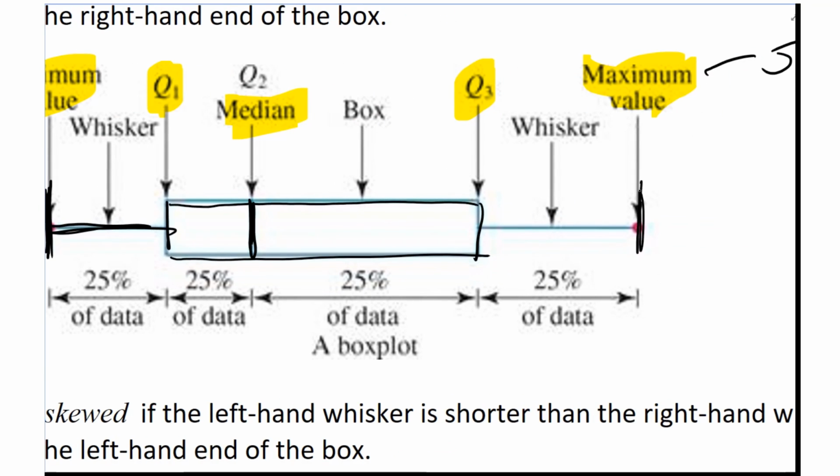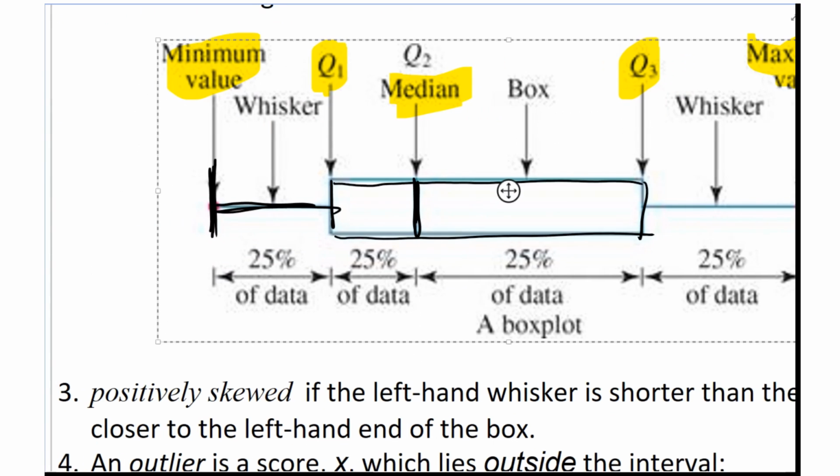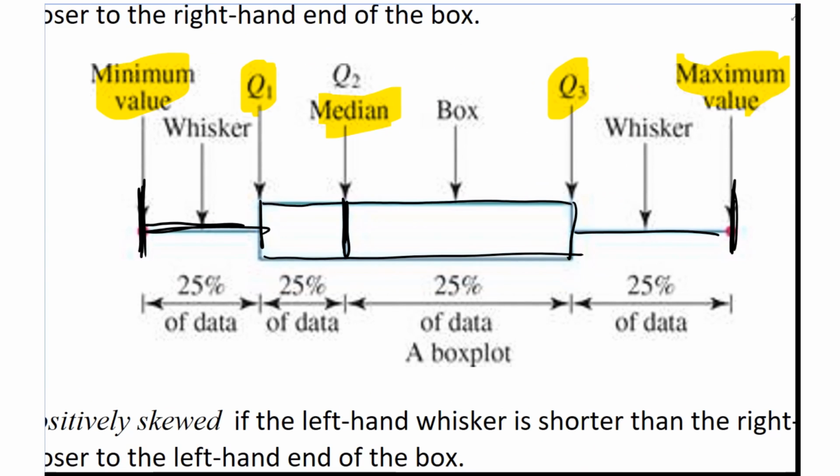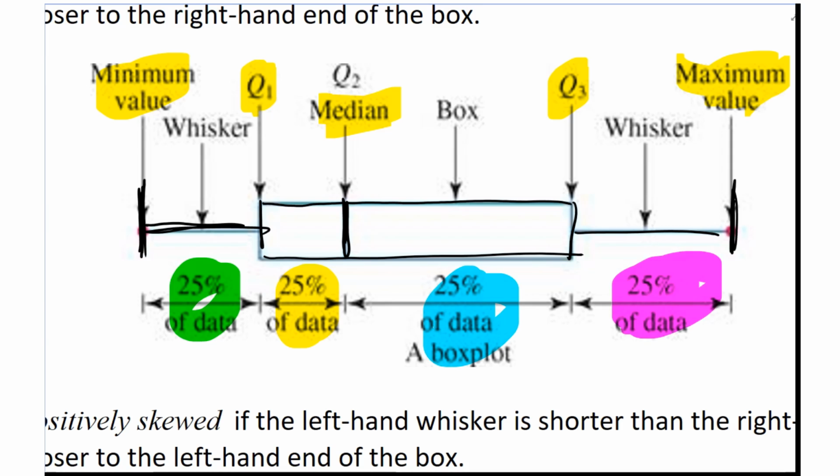So you've got your whisker. What's really important is the whisker represents 25% of your data. From Q1 to the median, that's another 25% of your data. From the median to Q3, another 25%. And that final whisker is another 25% of your data.